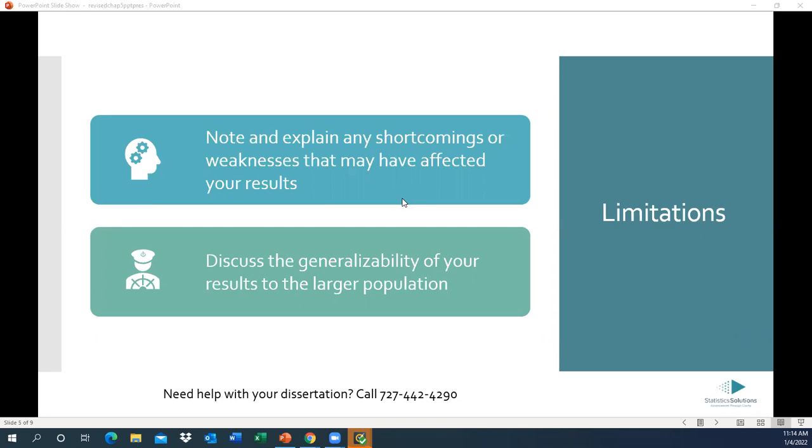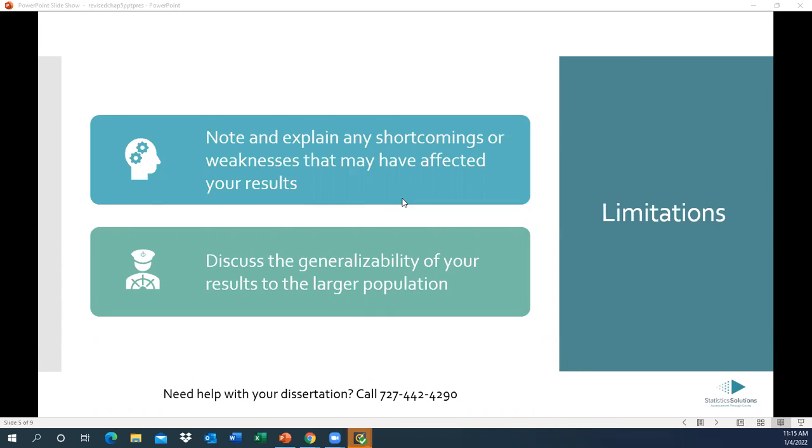Usually if your study is quantitative and you had a sufficient number of participants, your findings should generalize pretty well, especially if you used random sampling, which is more representative of the larger sample than something like convenience sampling, just using people because you have access to them, or you know them in some way. Those things can affect the generalizability of your findings.